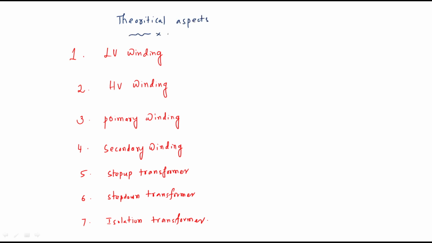So before the main concept, first we have to discuss this main important terminology associated with transformer. So LV winding, HV winding. So simply LV winding is nothing but low voltage winding. Like that, what is HV winding?